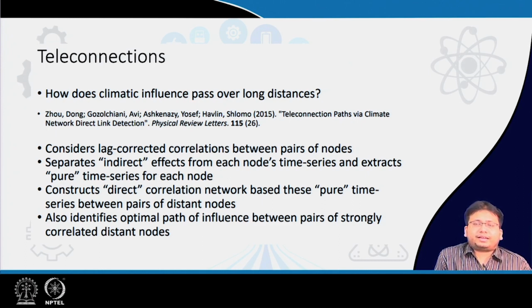It's like saying that the variable x at location i influences variable z at location k, which in turn influences, let us say, variable w at location m, and finally that influences variable y at location j. So that is an indirect relation. Identifying these kinds of indirect pathways is one thing. The other thing is to identify the direct relations between x at location i and y at location j.